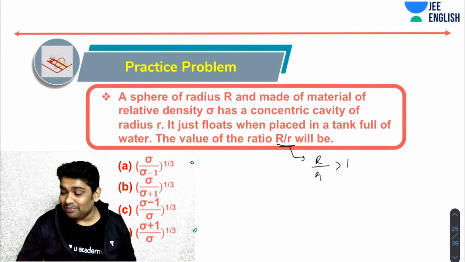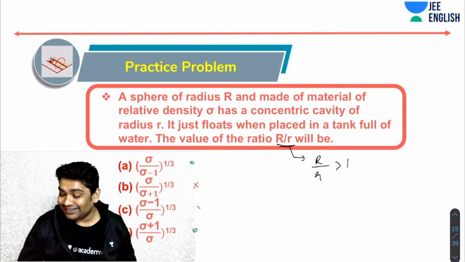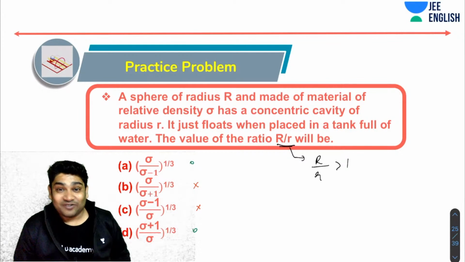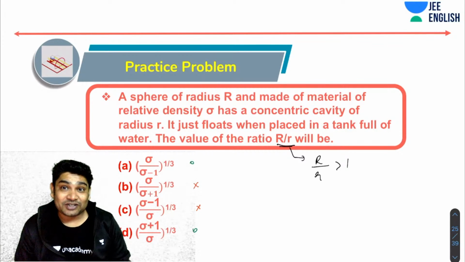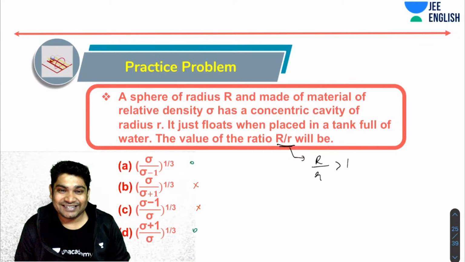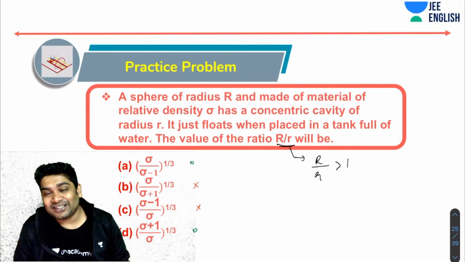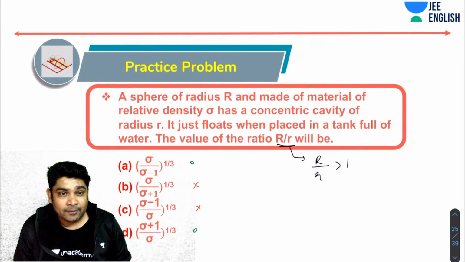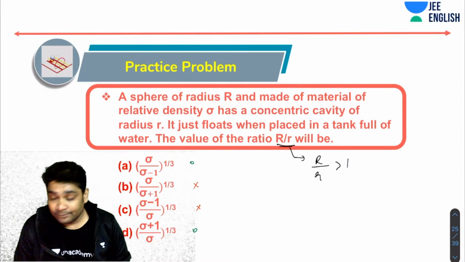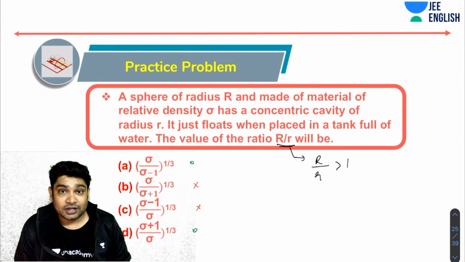So you can immediately eliminate these two options. Both these options are less than 1, which would mean that the radius of the hole is bigger than the radius of the sphere, which is not possible. So immediately you can shortlist down to two options, and then you can figure out what the correct answer is.